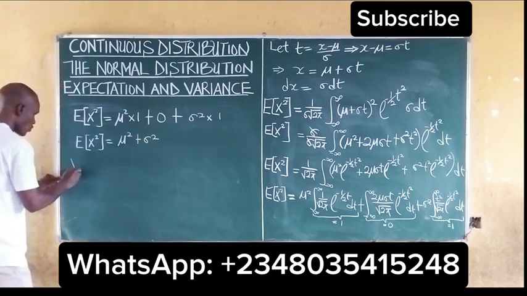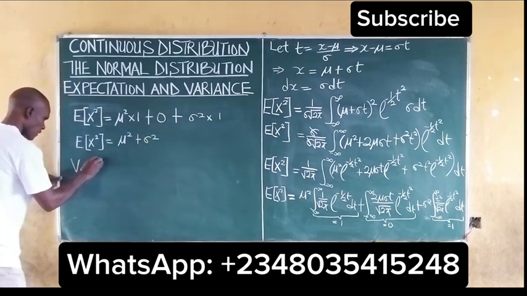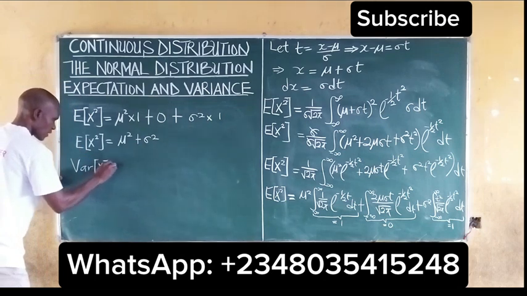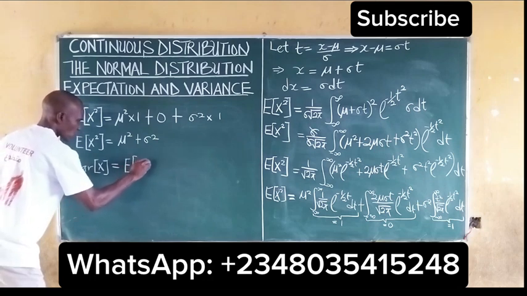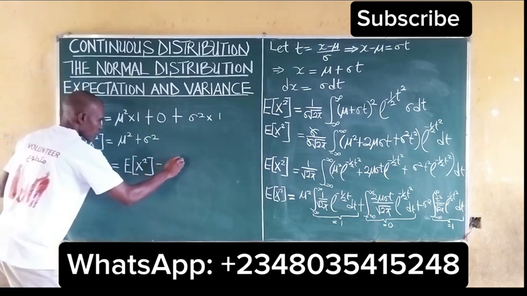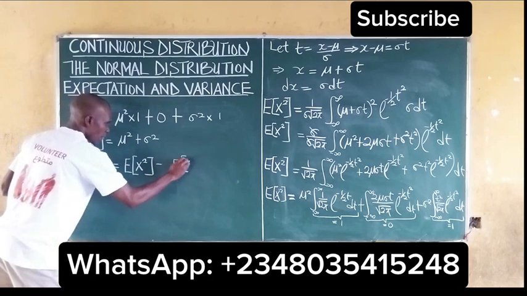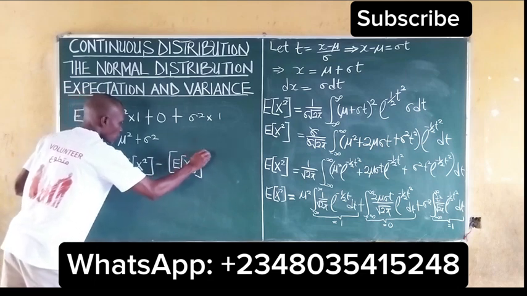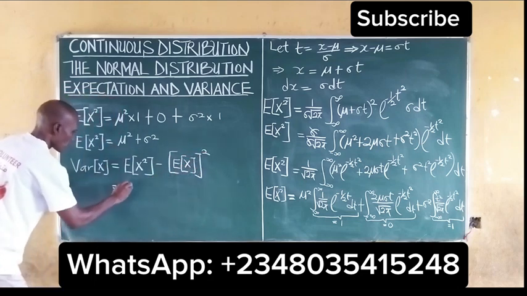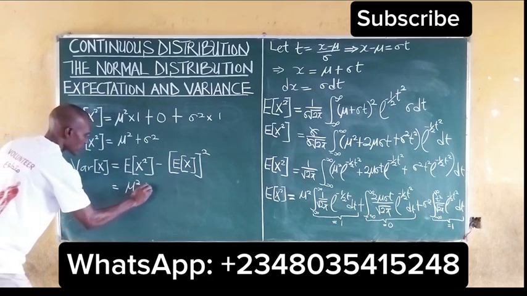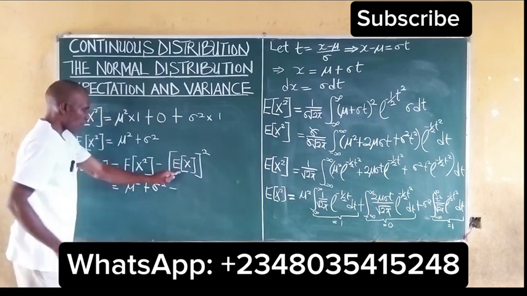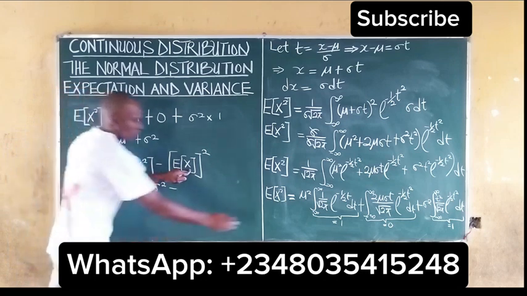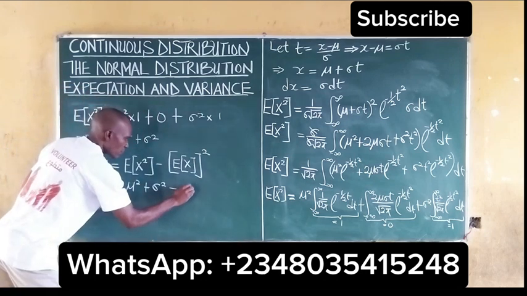Of course, we know that the variance of x is equal to the expected value of x squared minus the expected value of x, all squared. And we have this to be mu squared plus sigma squared minus the expected value of x, which was written here to be mu.